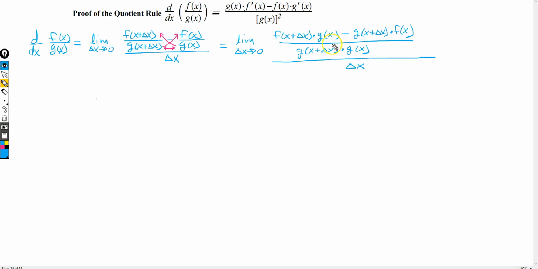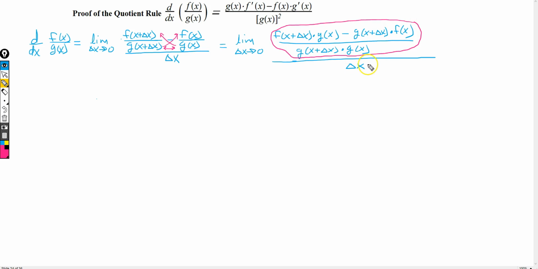Alright, so here we have simplified the numerator by cross multiplying or finding a common denominator. Notice that the numerator is this piece. So we've got the large fraction right here. All of this is in the numerator.